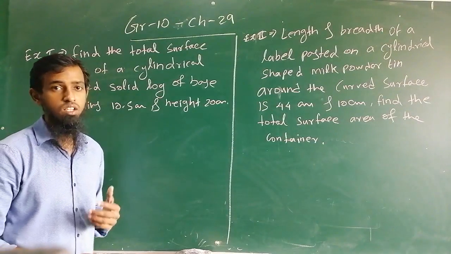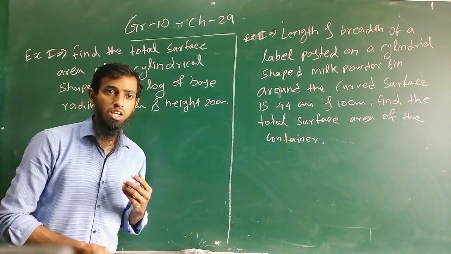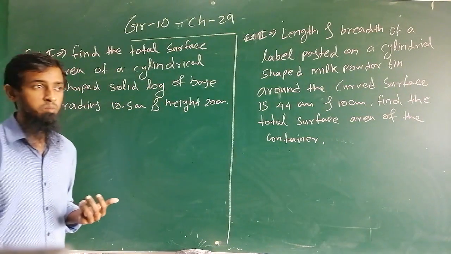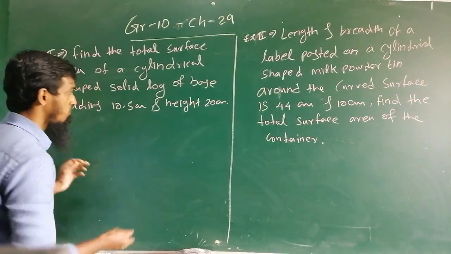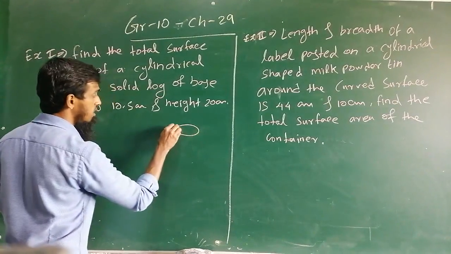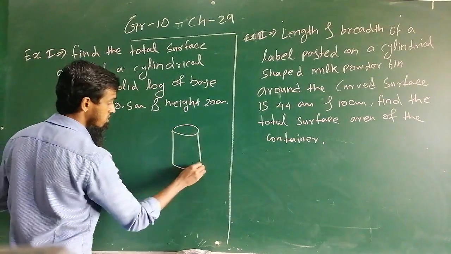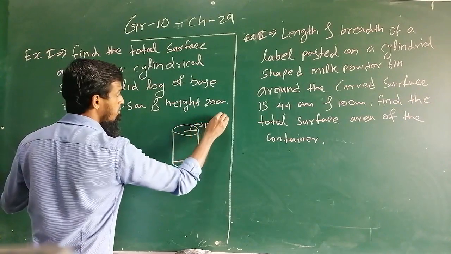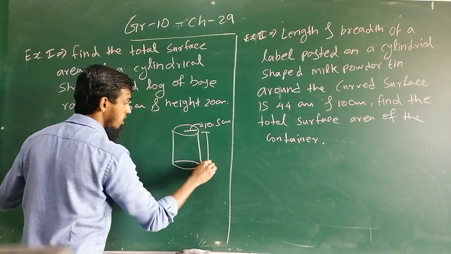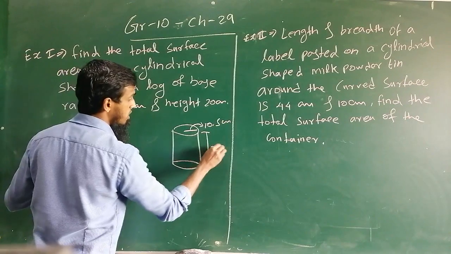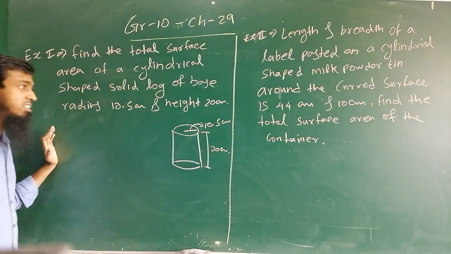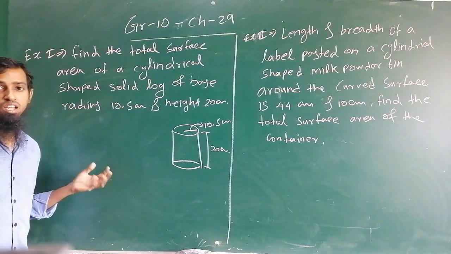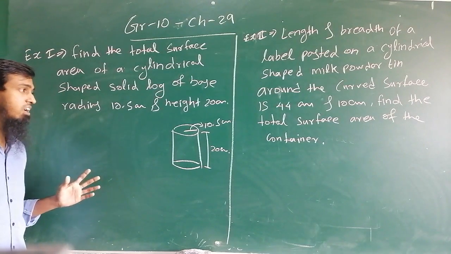As in the area and volume lessons, you can draw a figure and write the measurements given on the figure. So if you draw a cylinder, the base radius is given as 10.5 centimeter and the height is 20 centimeter. Those are the two basic measurements we need to find the surface area of a cylinder.